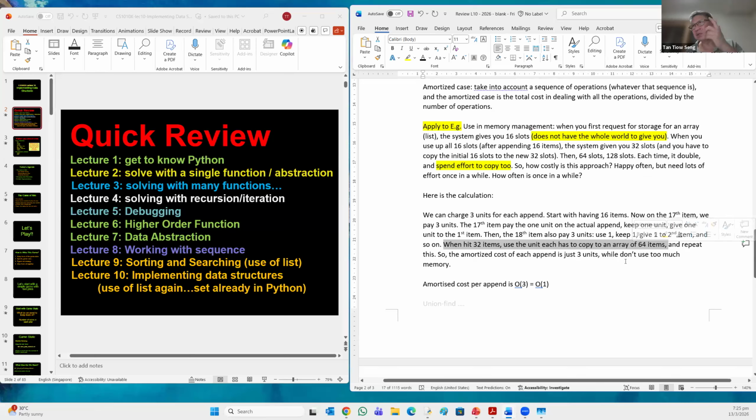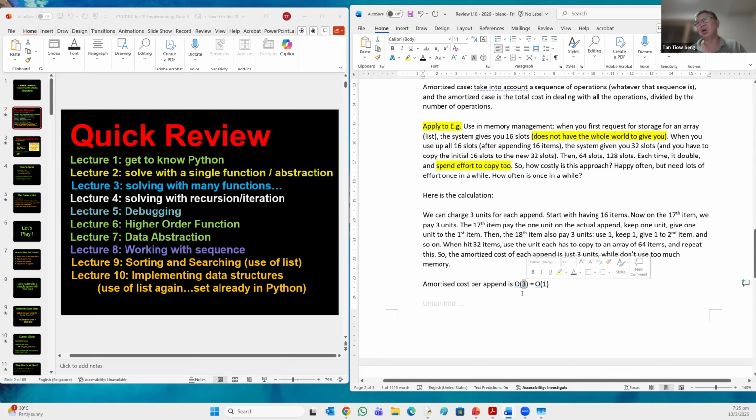That credit was given by someone else who paid for it. All in all, you always have a credit when you need to copy. So every append just needs a charge of 3 units. These 3 units are good enough to pay for yourself on the append, keep one for yourself, and give one to the earlier guy.